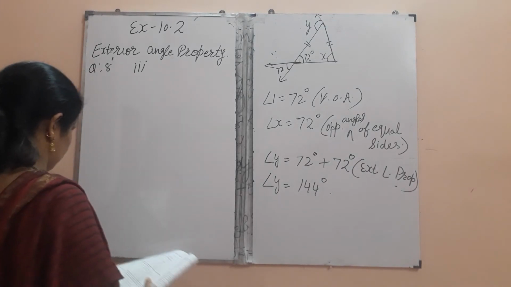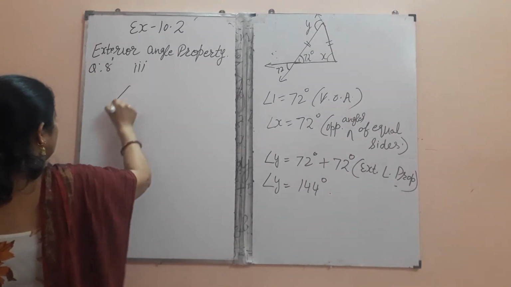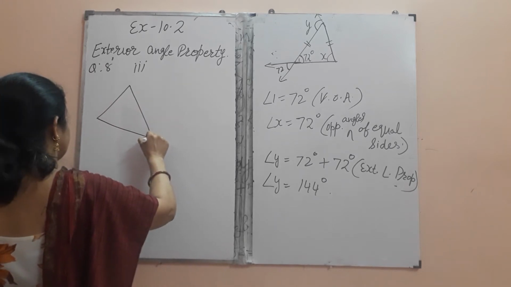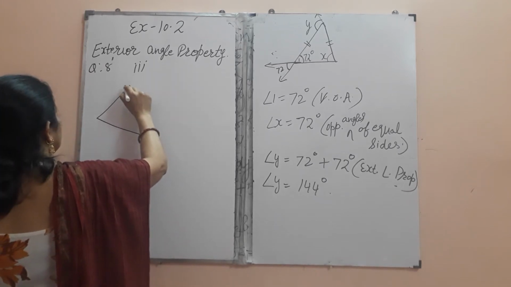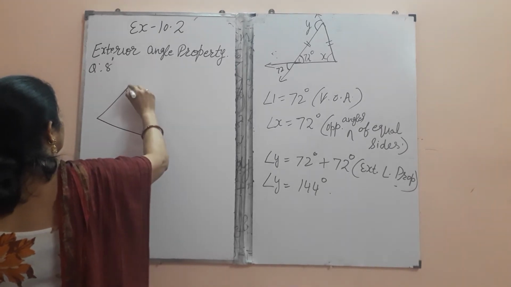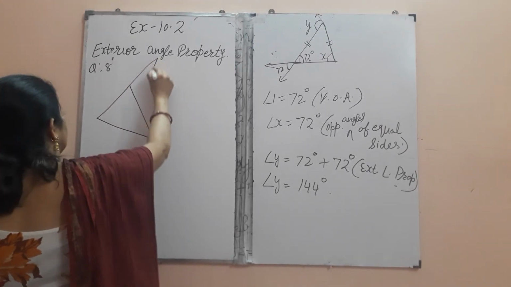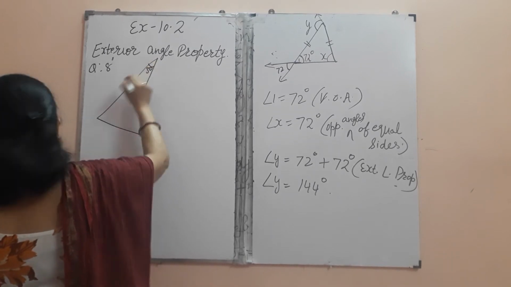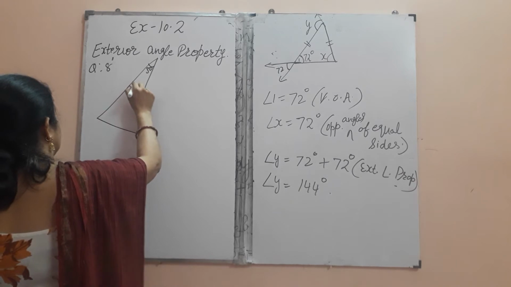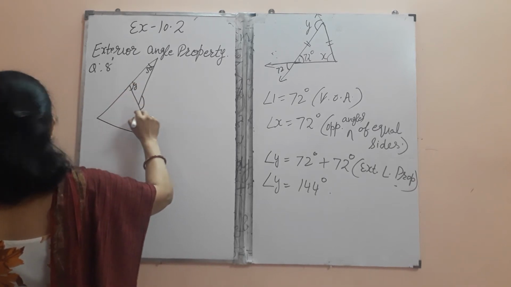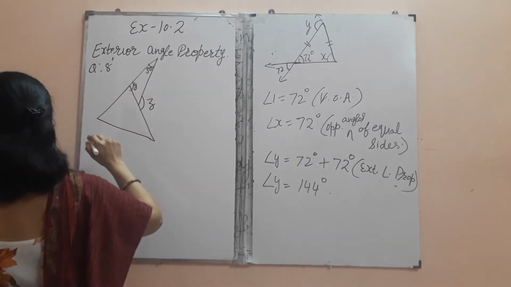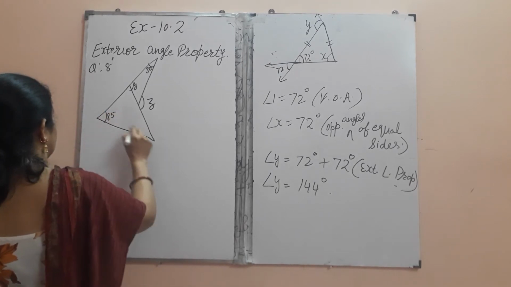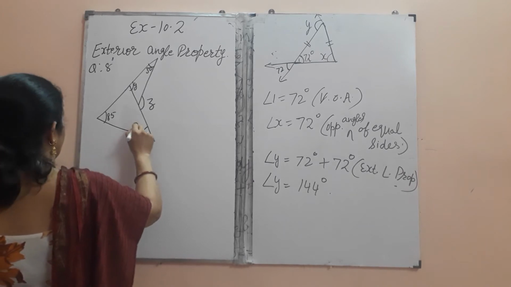The diagram is this: this is 30, this is y, this is z, this is 85 and this is 35.